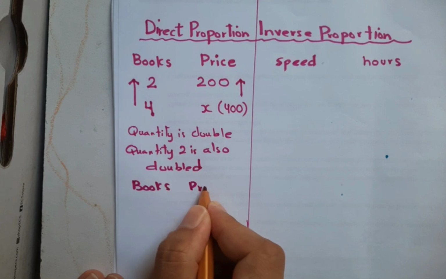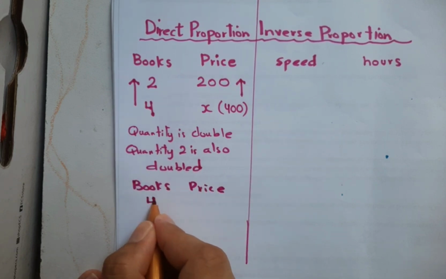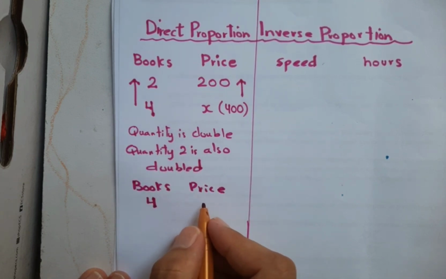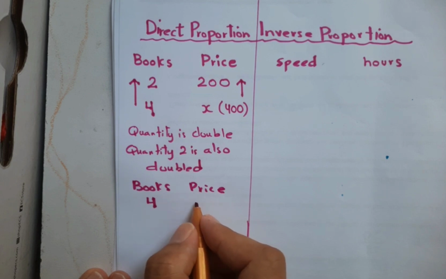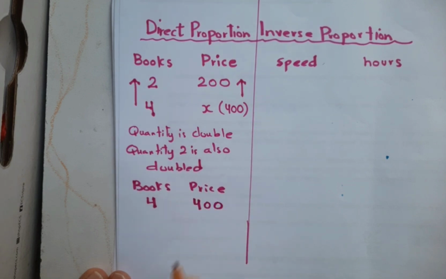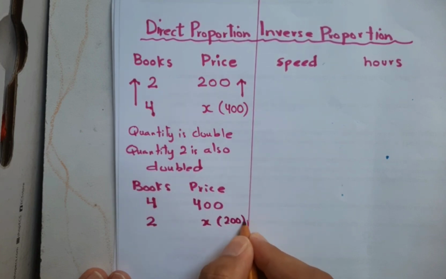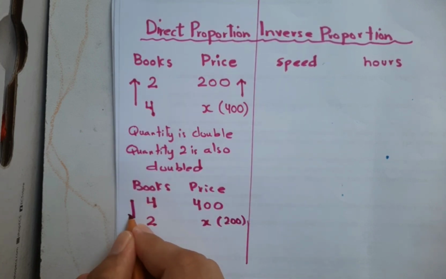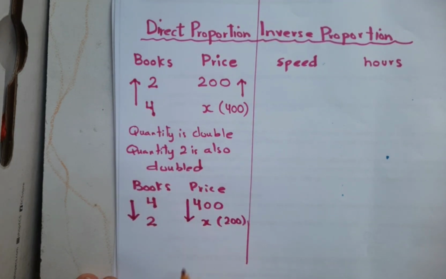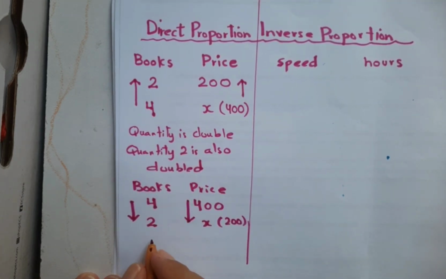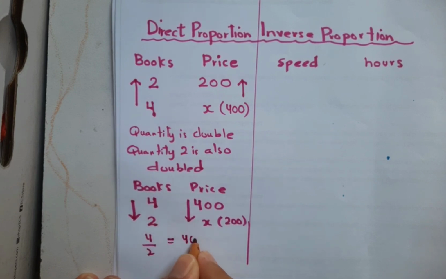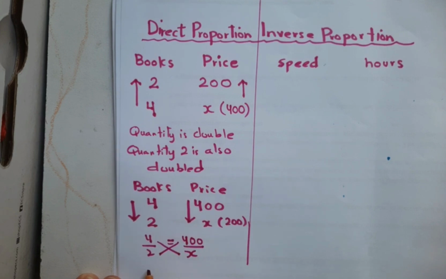Now let's take the same example again with another scenario. Now we have 4 books and the cost of the books is 400 rupees, right? Now if I have 2 books, obviously you will say that the price will be 200. In this case, you have decreased the number of books and the price is also decreased, because in direct proportion, when you decrease one quantity, the other also decreases, and when you increase one quantity, the other also increases.